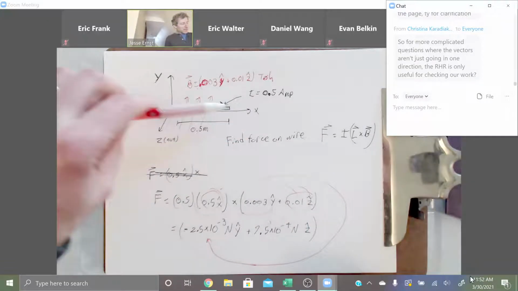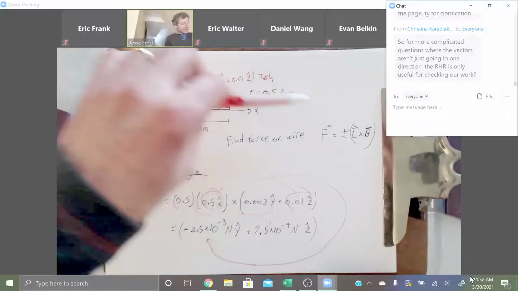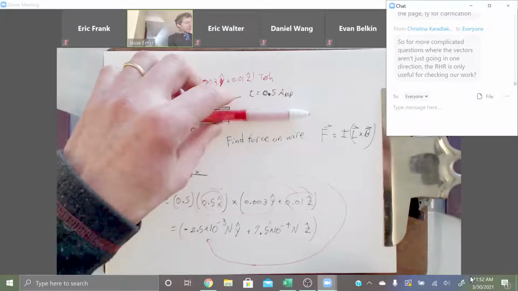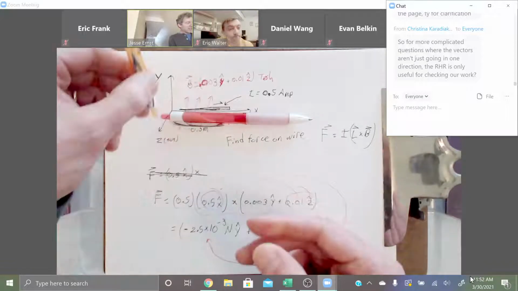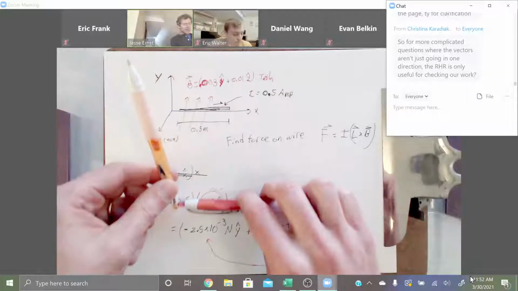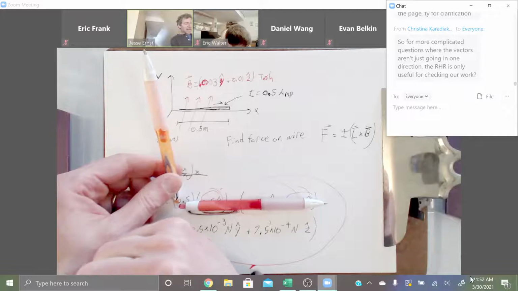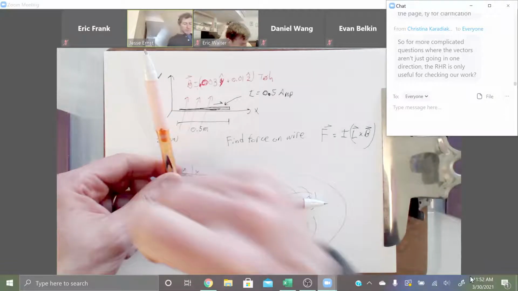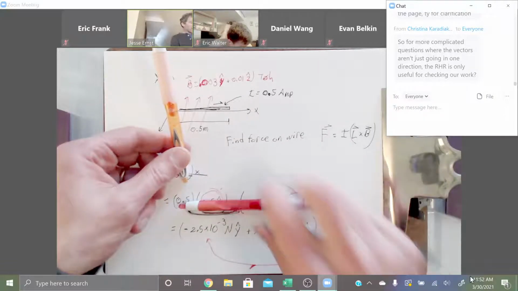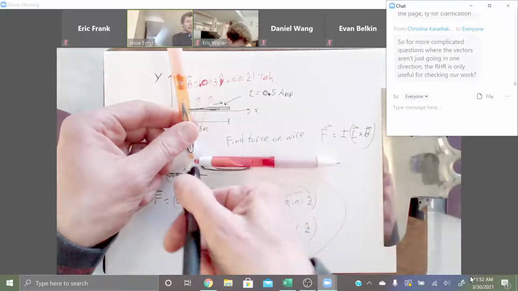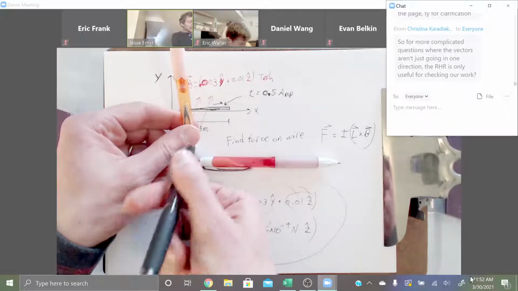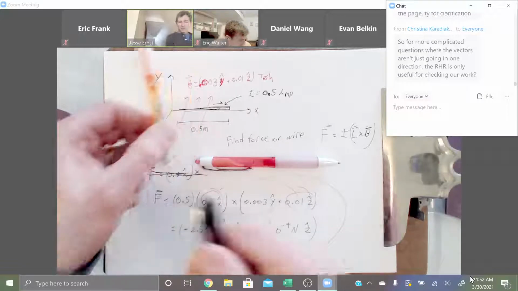So I was by hand also checking that L vector cross B vector is a vector that has a positive Z and a negative Y, because the cross product, red cross orange, points this way. Positive Z, negative Y. Right?